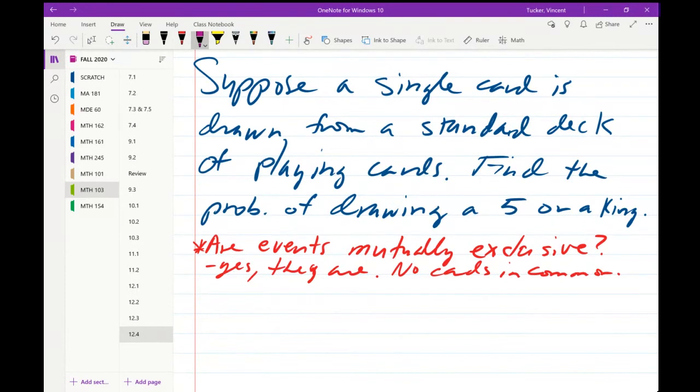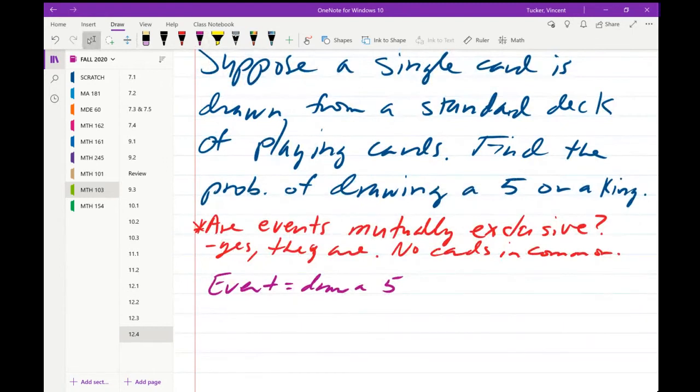So we want to know the probability of drawing a five or a king. Looking at the first event. So we already know there are 52 cards in the deck. So the sample space, the number of our sample space, is 52. We have 52 choices.